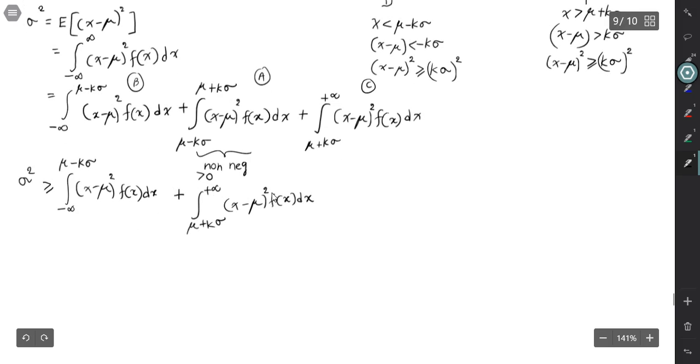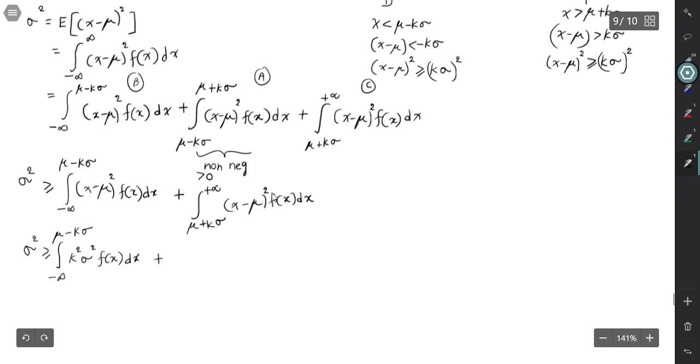Okay. Now what did we find? We have found that x minus mu square is greater than or equal to k sigma square. So we can replace this, because it is greater than, so it tallies with our inequality. From negative infinity up to mu minus k sigma, we can replace x minus mu square with k square sigma square, f(x) dx.